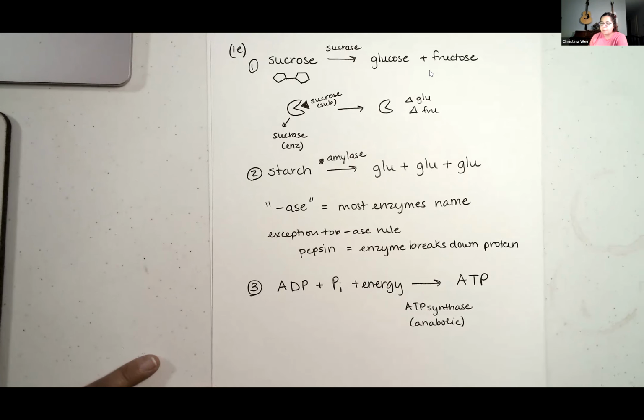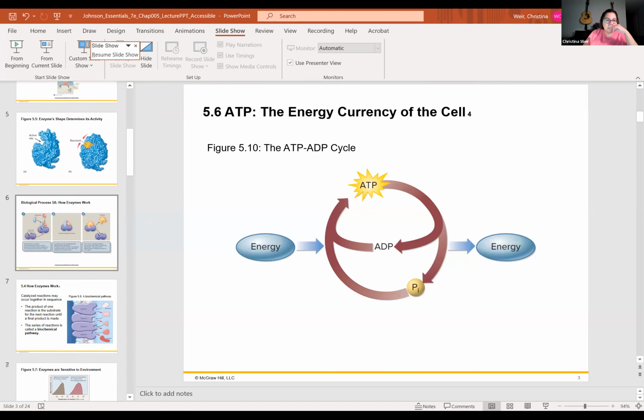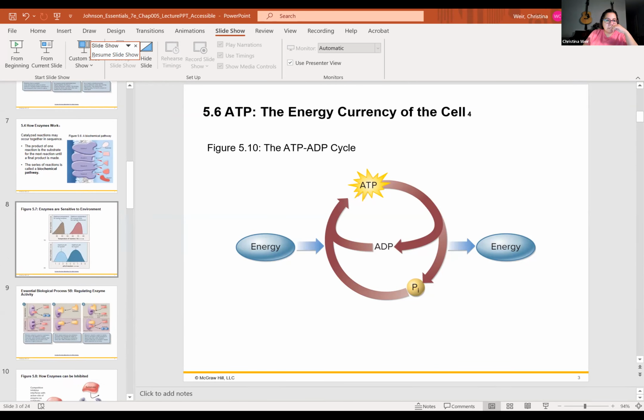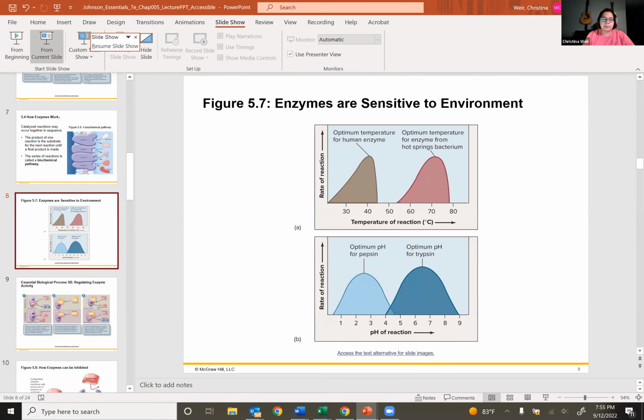So let me talk about how the turnover rate is impacted by temperature and pH. I'm going to show you a little diagram from your book. All right, here's this diagram right here.